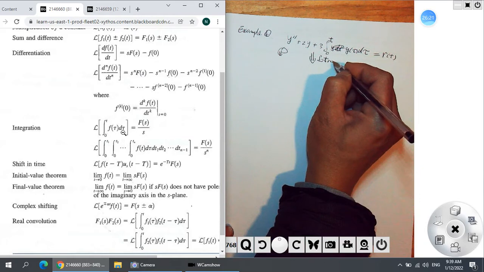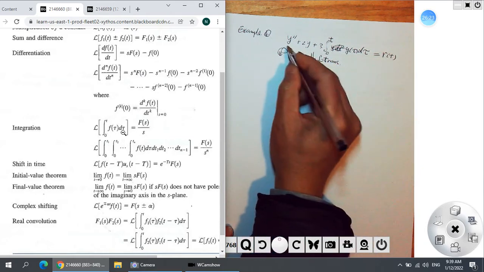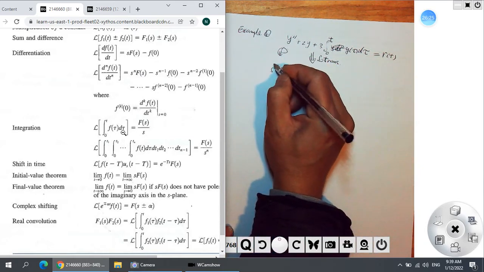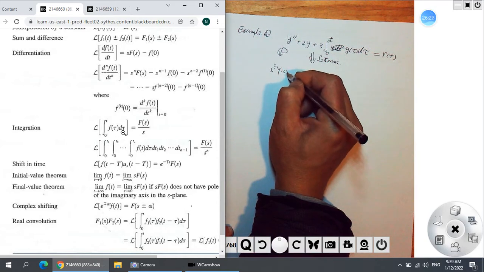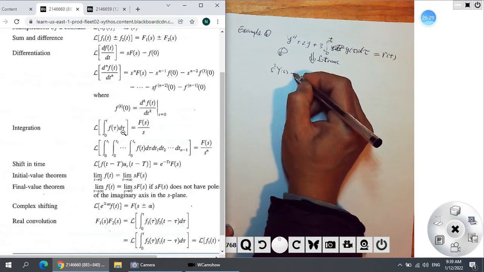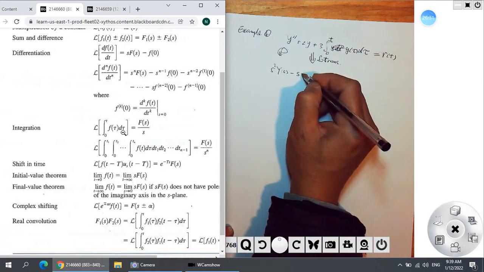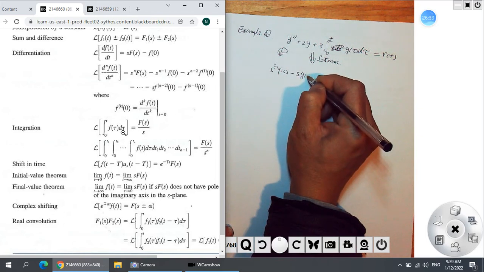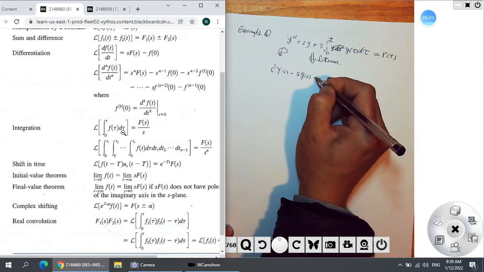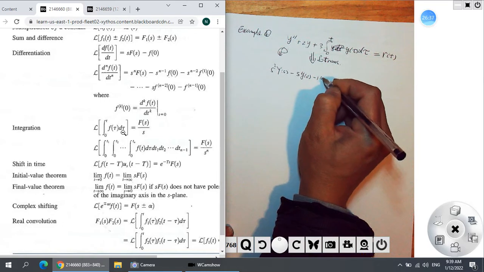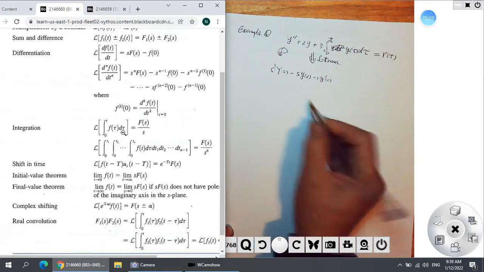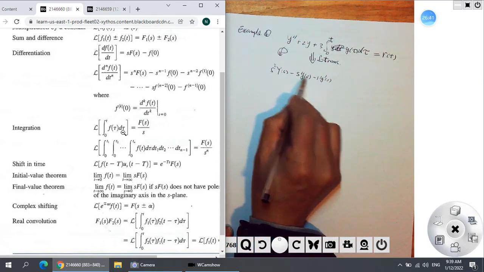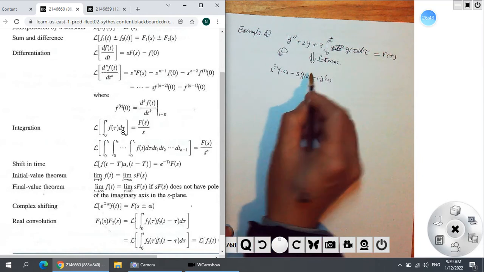whole function. Then we have this one is s squared times Y of s minus, now it's s times y of 0 minus 1 times y prime of 0, right? The power of s is decreasing, and the derivative here is increasing.